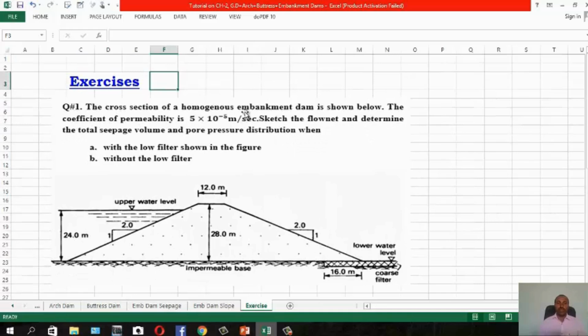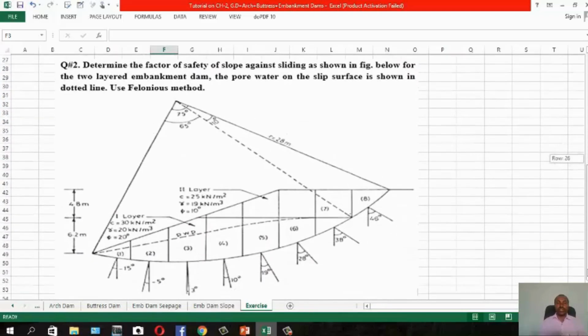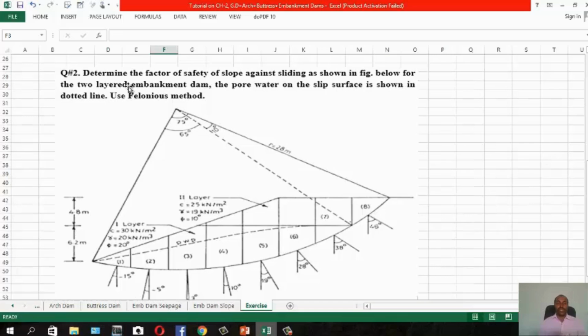The cross-section of an embankment is a homogeneous embankment dam. The coefficient of permeability or hydraulic conductivity is given. Sketch the flow net and determine the total seepage, etc., for water pressure. We have already done such an example. The second one is somewhat different. You have this pattern, with an angle. For each angle, you take data from this diagram.